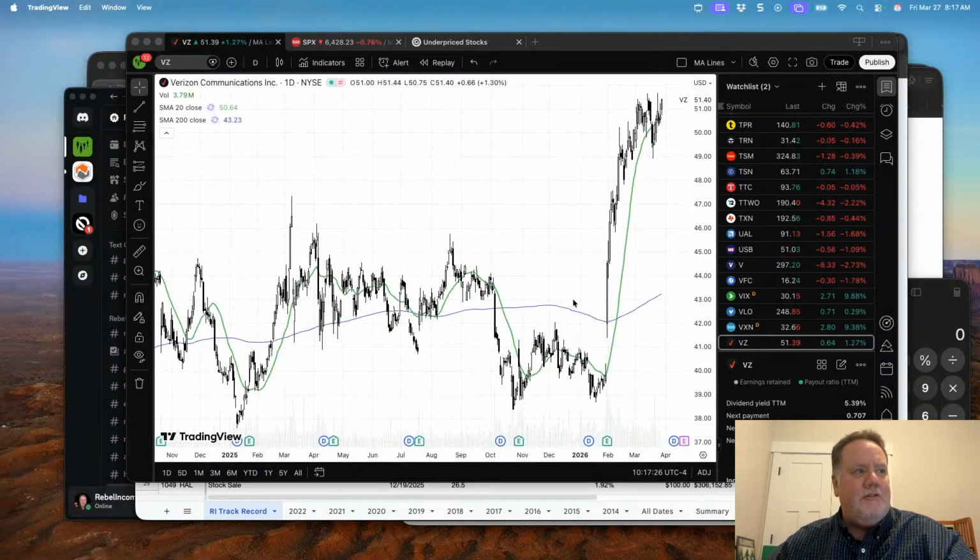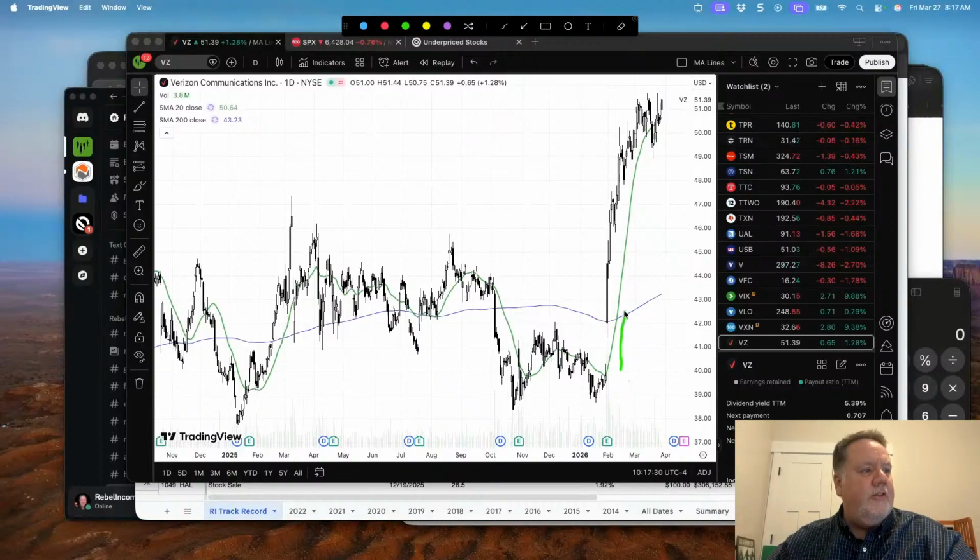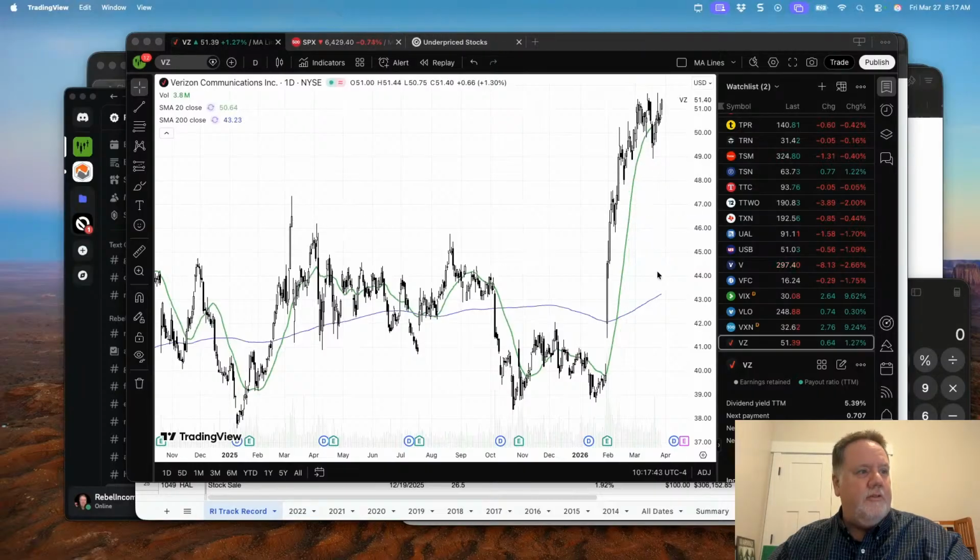And their fundamentals are very solid. The strength of this rally is impressive, kind of intimidating. Like I said, from a technical standpoint, I don't know how sustainable it is, but the underlying business for Verizon is really, really very impressive.